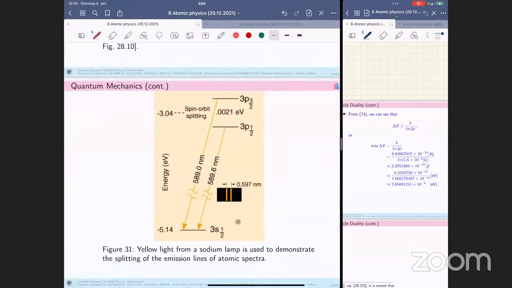3/2 and 1/2 will be discussed later, but the time now is over. We will stop this one and talk about that next time. If you have any questions about the Werner Heisenberg uncertainty in terms of energy and time, or the first step of quantum mechanics in terms of the principal quantum number, orbital quantum number, or orbital magnetic quantum number, m_l, just ask me.